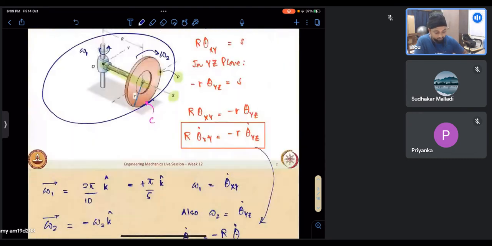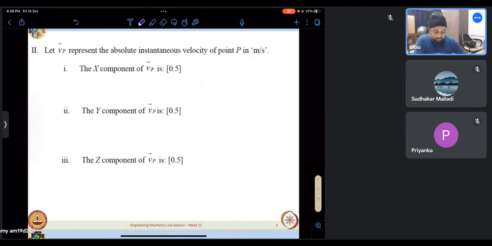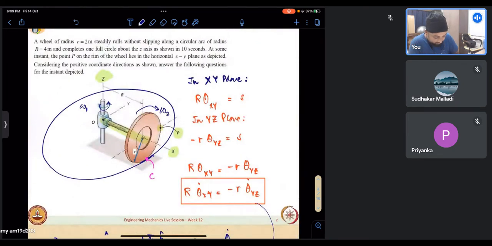So far so good. Now let us look at the next question, what it says. If Vp represents the absolute instantaneous velocity of point P in meters per second, then its x, y, and z components are asked. So if you were to consider an axis like this, let us say I consider a coordinate system like that, and let me call this small x, small y, small z.